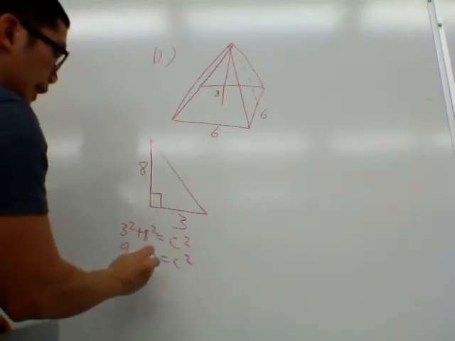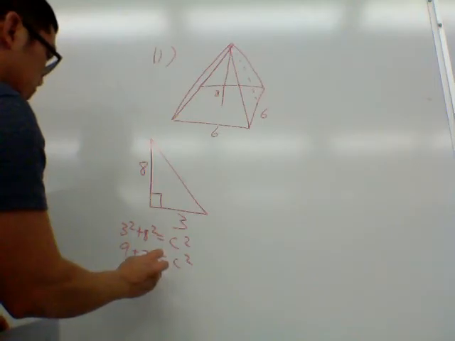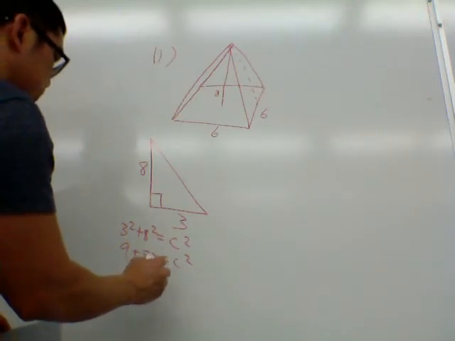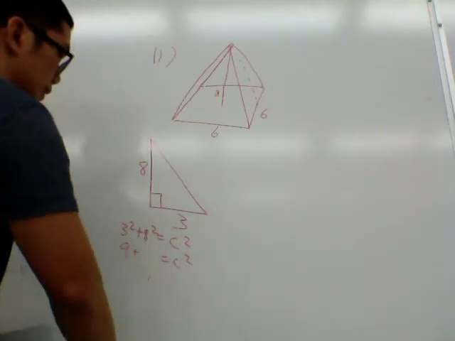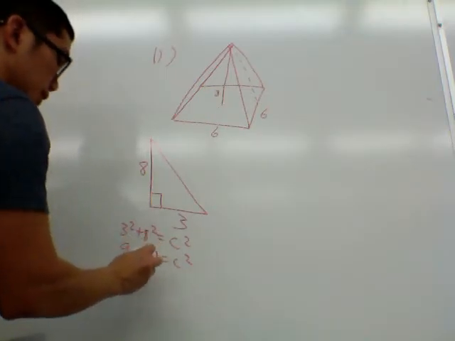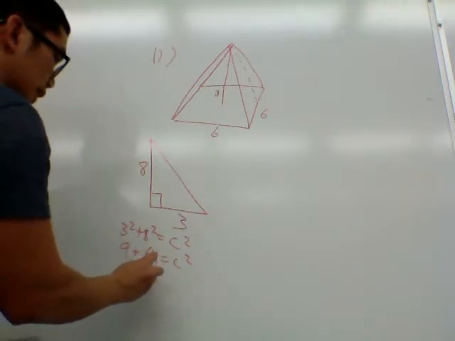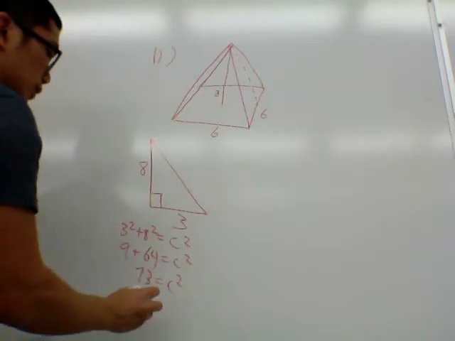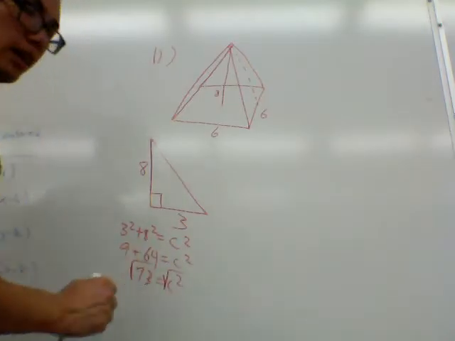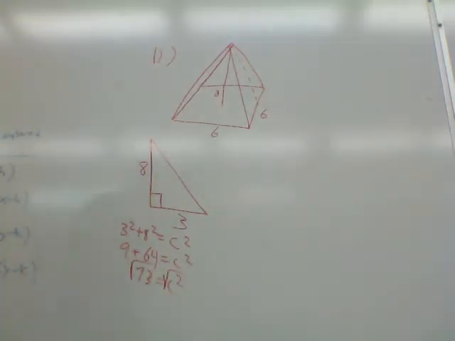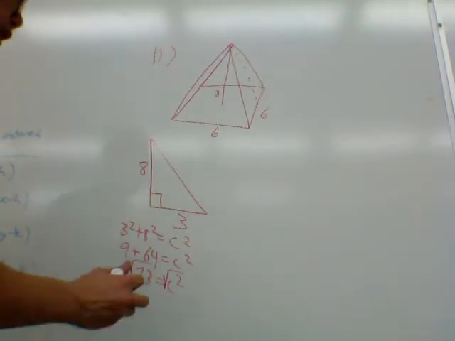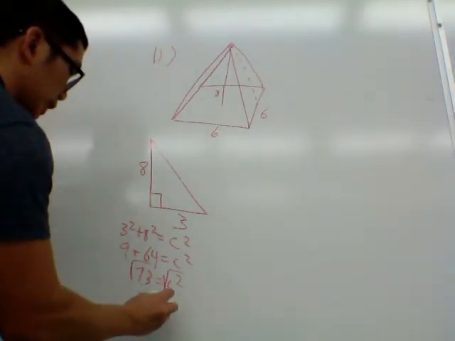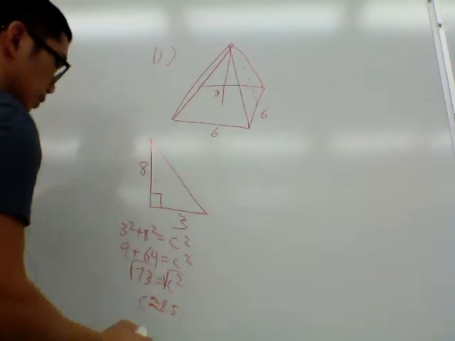And so I get 81. No, sorry. 8 squared is 64. Okay. So I get c squared is equal to 73. I square root both sides. And I get c is equal to 8.5, or it's an estimate. Okay.